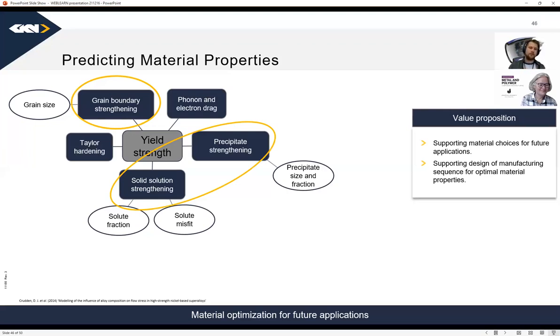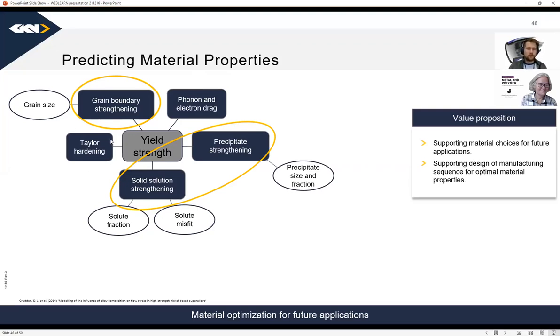And why have we chosen, or why haven't we chosen the other two here? If we talk about the phonon electron drag, that one is triggered at really high strain rates. And generally, when we want to assess alloys, we look at low to semi-low strain rates. So we don't have to care about this one for regular yield strength predictions.